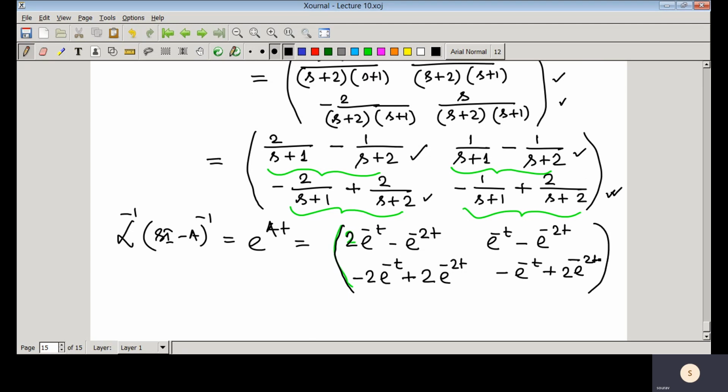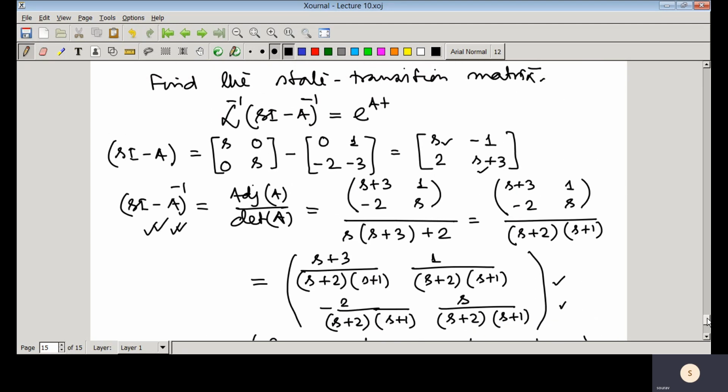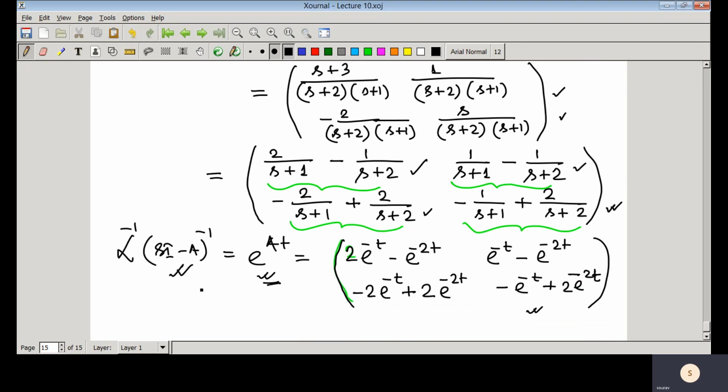So from here it is clear that if you take the Laplace inverse of this matrix, this is the exponential matrix which is denoted as e to the power At. From this example it is clear that if you take the Laplace inverse of (sI minus A) inverse, you will get the state transition matrix, and it looks like this.